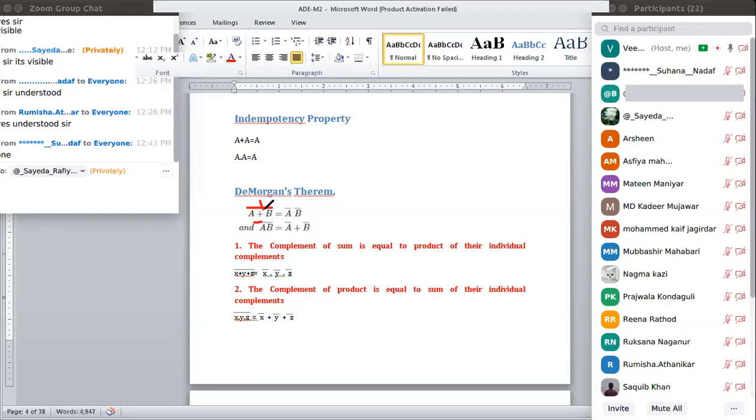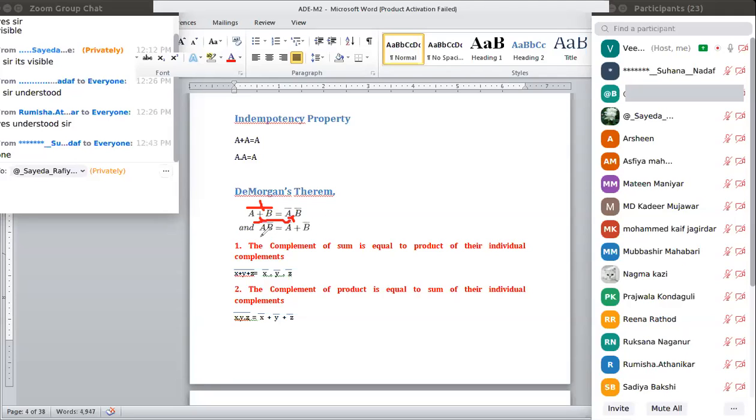When I divide this bar, then the plus is converted into dot. When I divide the bar of a plus b whole bar, it means a bar and b bar. Now here plus, that is OR, is replaced with the AND function when I divide it.